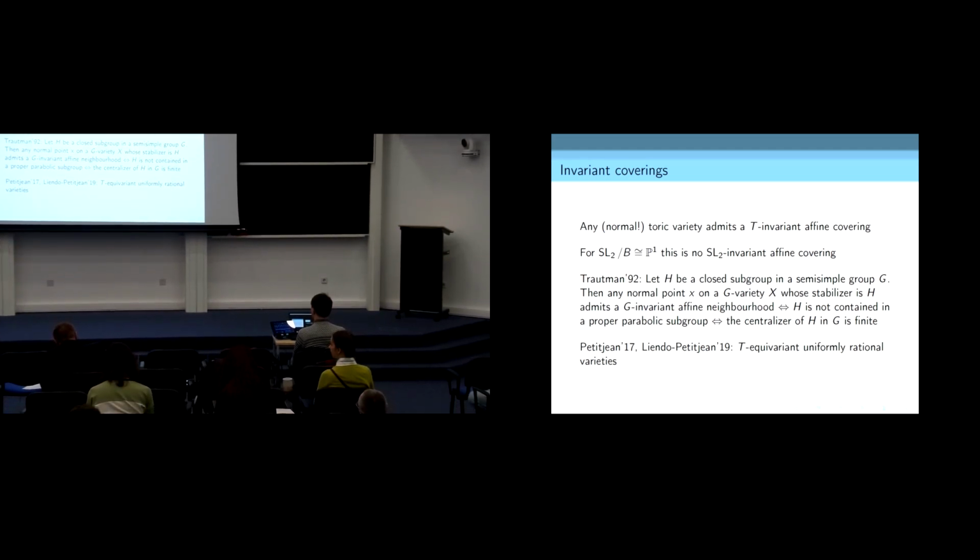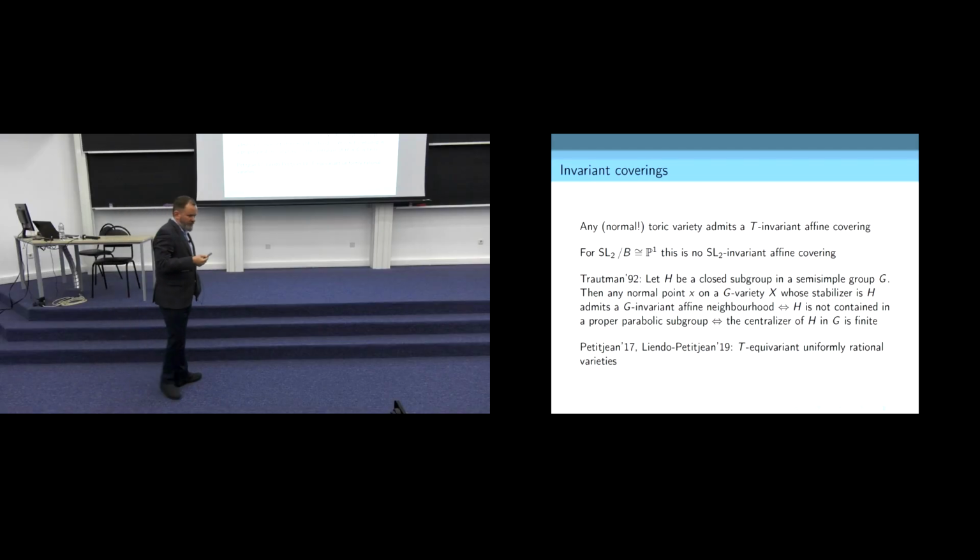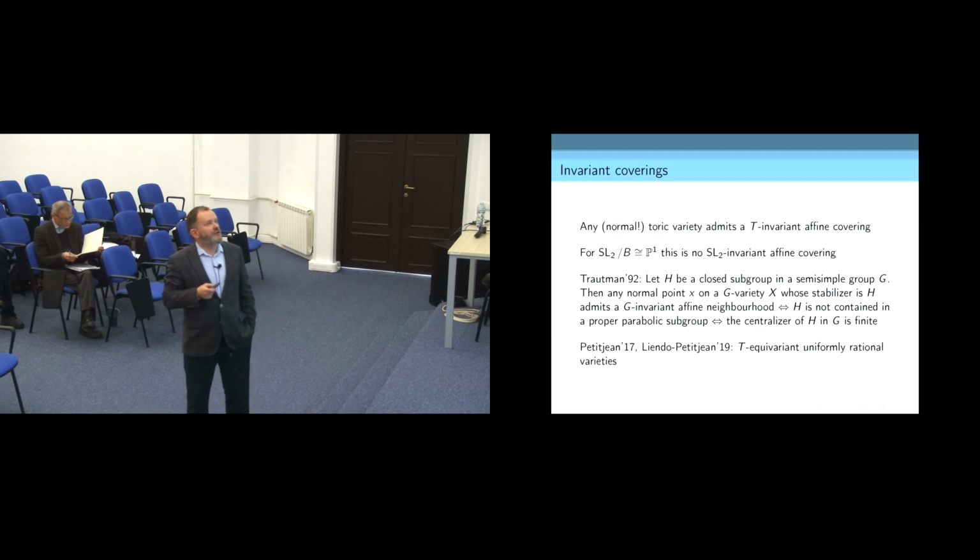Okay, and since we like group actions, let us consider a group acting on a variety, and we can ask, is it connected with covering? Say, may we find an invariant covering? And maybe the most important classical case is the case of toric varieties. So if you have a toric variety, then it always admits a T-invariant affine covering.